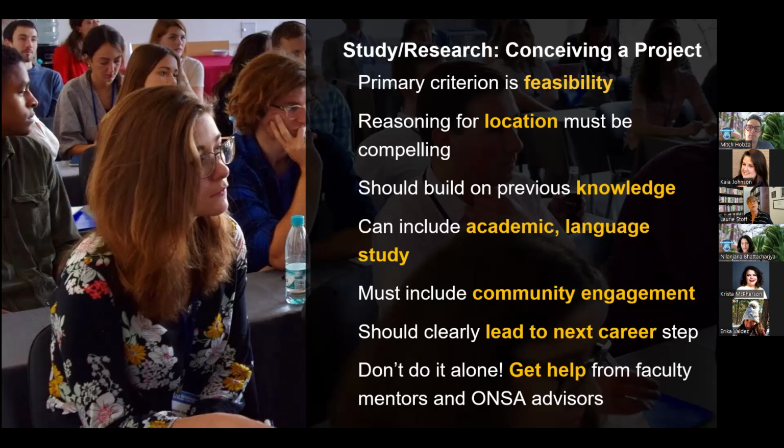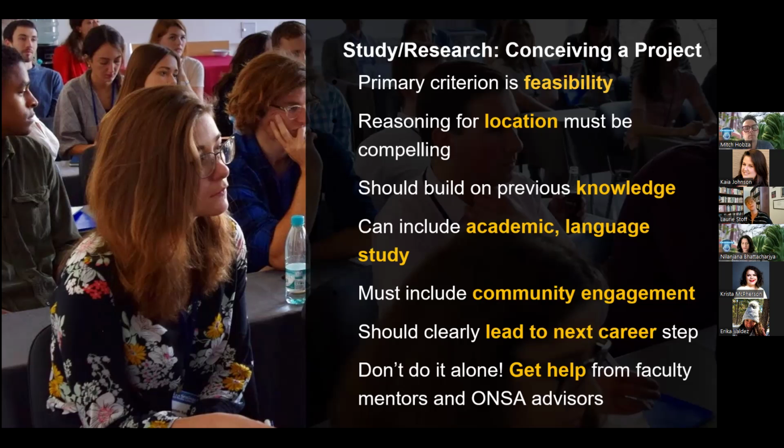Again, thinking about that mission of mutual cultural understanding, you need to demonstrate that whatever it is that you're going to do is going to have that effect. You are not going to just do what we call parachute research, where you drop in, do whatever work you want to do for your own sake, and then leave and never really engage with your community, never really demonstrate any benefit to the community that you're working in.